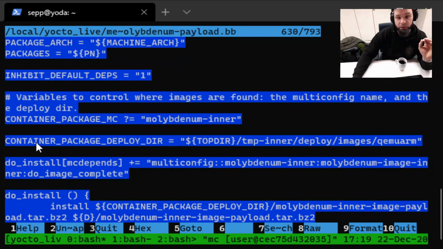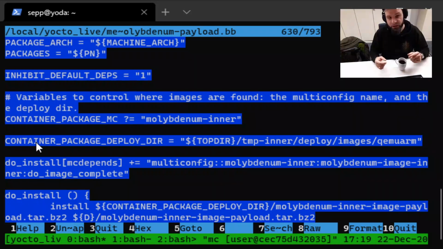There is no way, at least so far, to pass information from one multiconfig to another. So we have to kind of deposit the information, or the knowledge of how to pull things from one place to the other, somewhere.